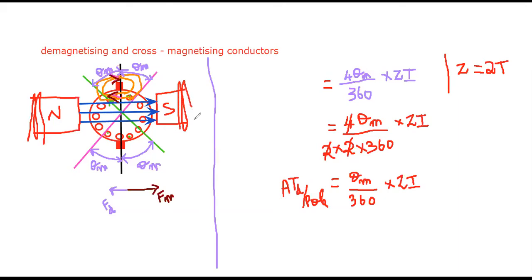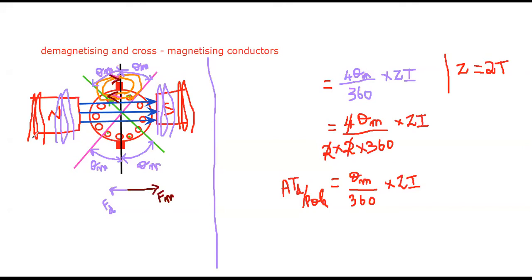Already we have some amount of field winding present here, so in addition to this, there is a need for an extra winding here.